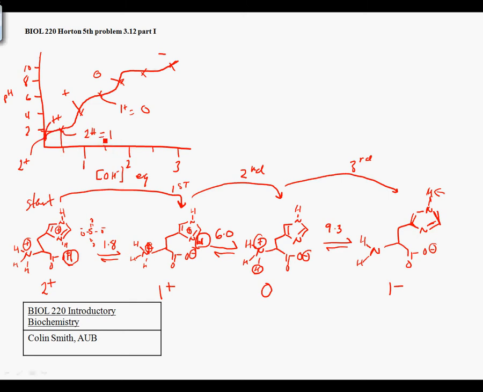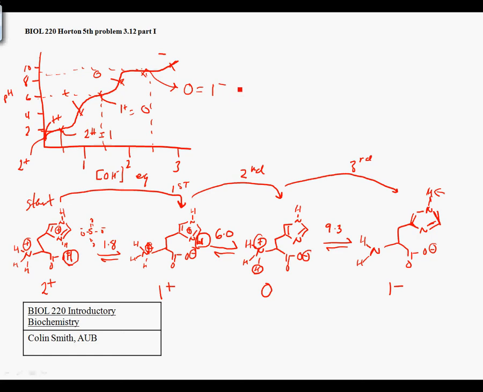After 1.5, this goes over to 6. And after 2.5, we'd expect it to be the third pKa, which is 9.3. So at this point, 2.5 equivalents, you should be equally neutral and equally -1. So I think we've answered all the questions.